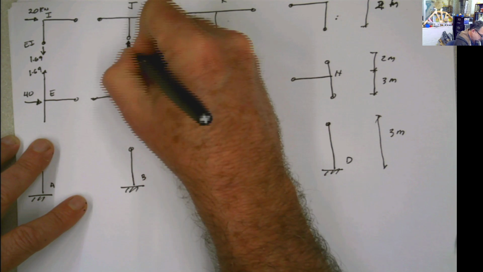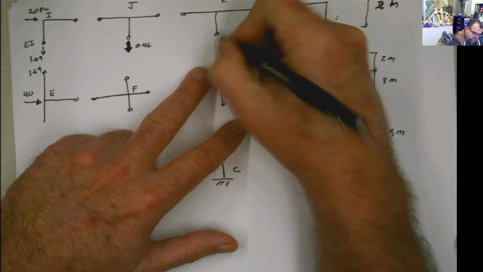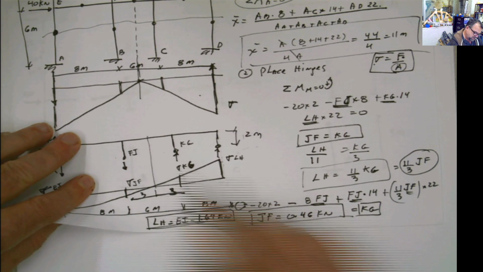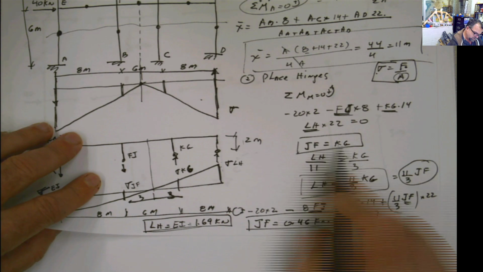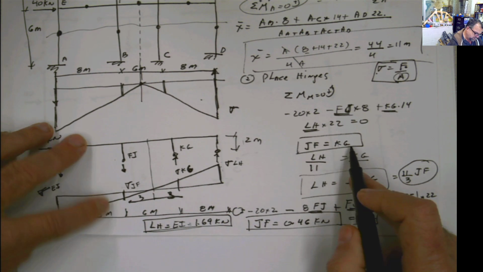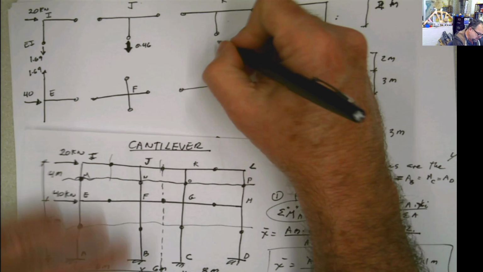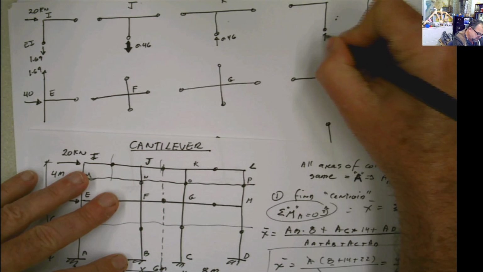And at this end, I'm just copying from here, so this is KG, and KG is the same value as JF, which is 0.46. So this is going to be now in this direction 0.46, and this is going to be 1.69.